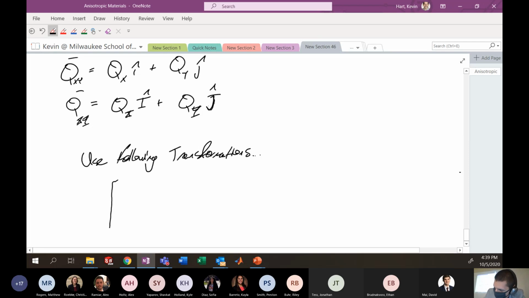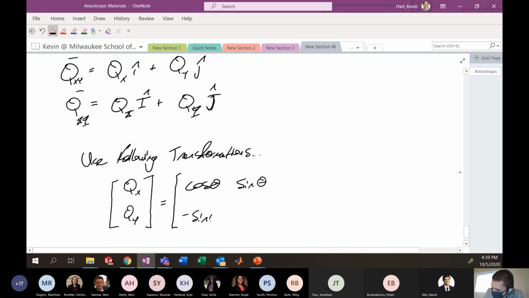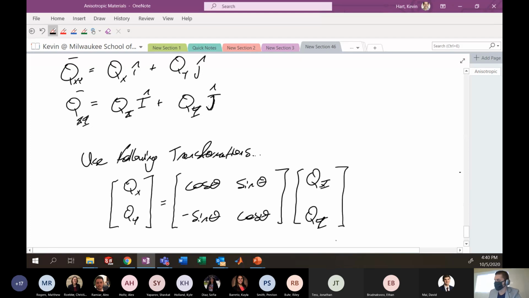And that is like, let's say I want Q little x, Q little y written in terms of Q big X, Q big Y. All right. Well, it's going to be like cosine theta, sine theta, negative sine theta, cosine theta, multiplied by Q cap X, Q cap Y. This is your general transformation. Okay.